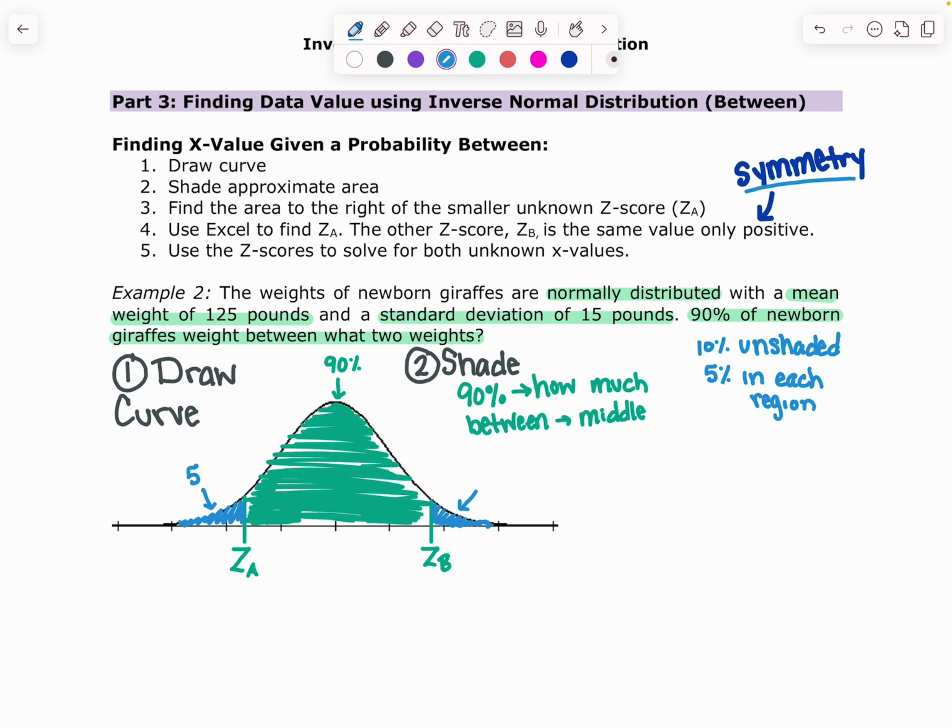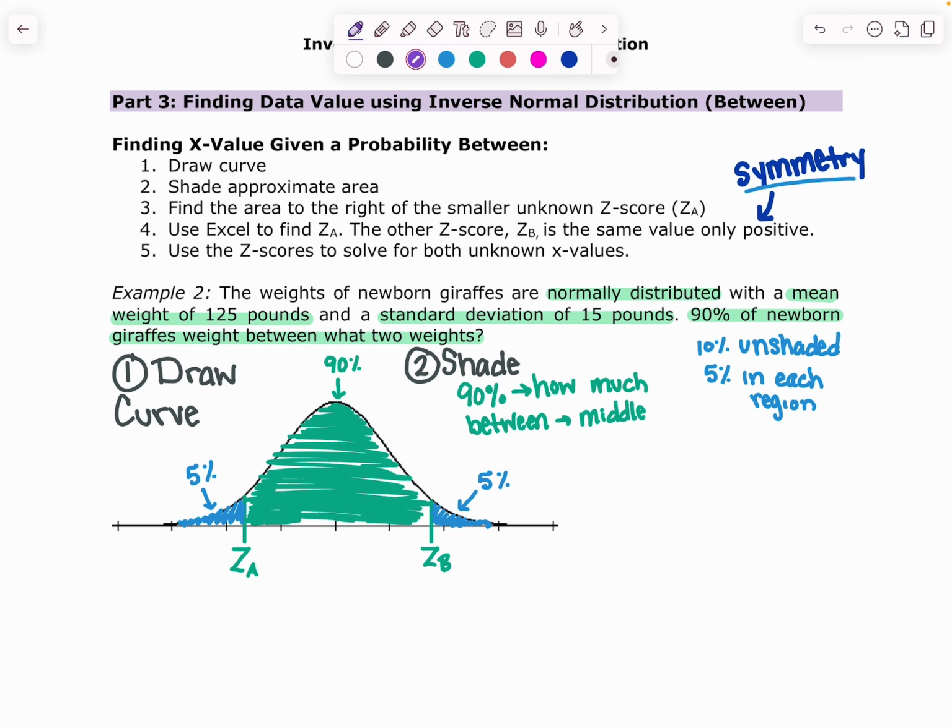And this is how, no matter what my middle percent is, I can figure out what's in each of those unshaded regions. And remember, the entire area underneath my curve has to be 100%. So I have 5% below ZA, 90% between ZA and ZB, and then 5% above ZB.